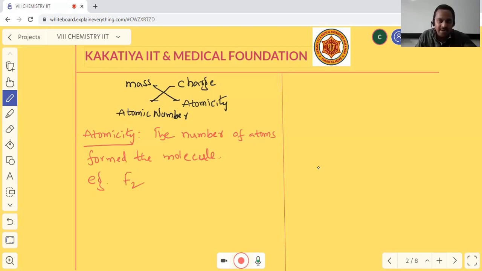How many fluorine atoms are there? 2. This 2 indicates the atomicity of fluorine: 2 atoms. Similarly, O3: the atomicity is 3, because 3 atoms combine to give the O3 ozone molecule. That is called atomicity.